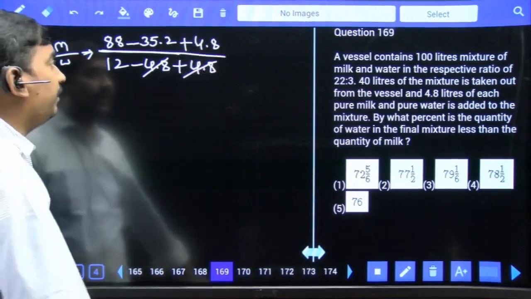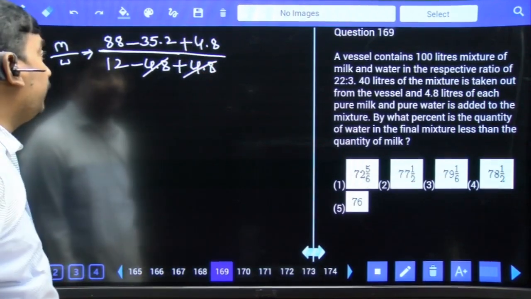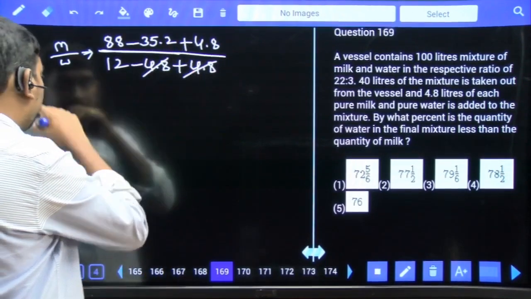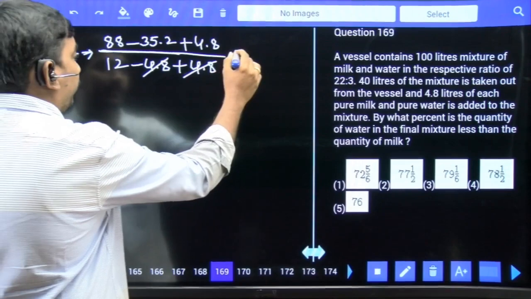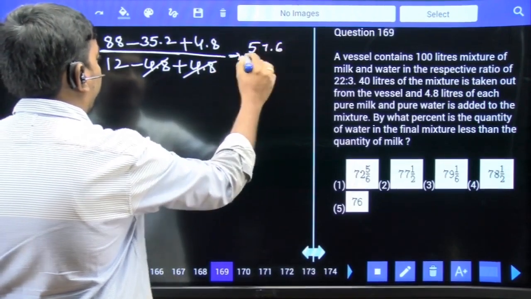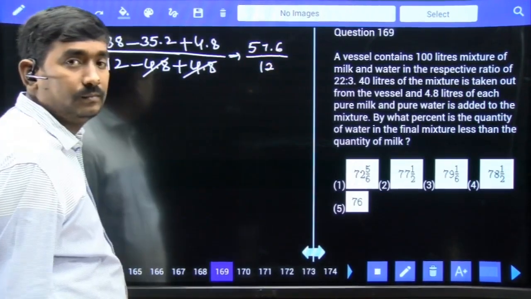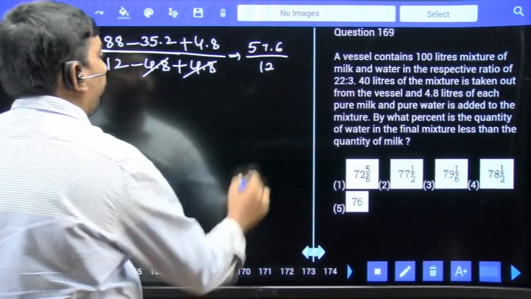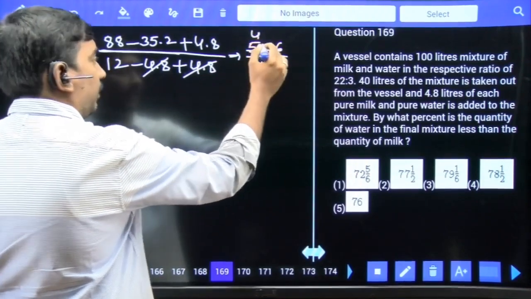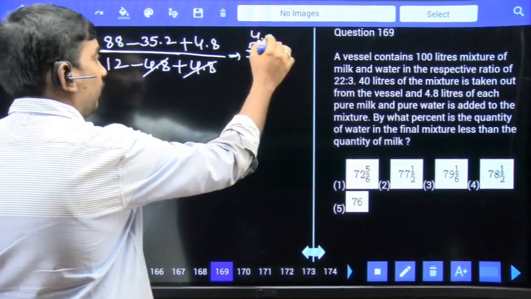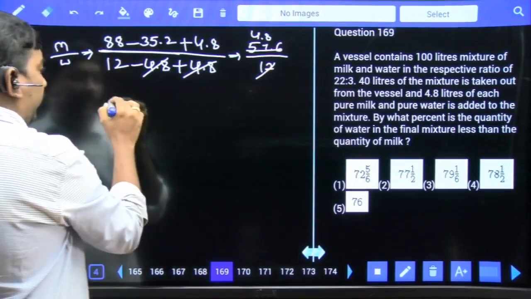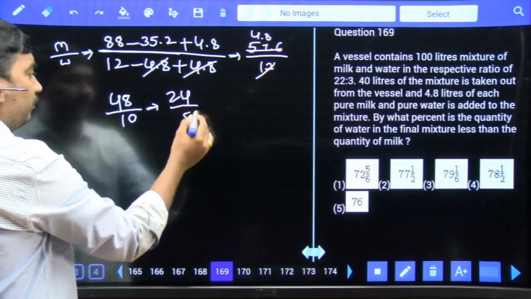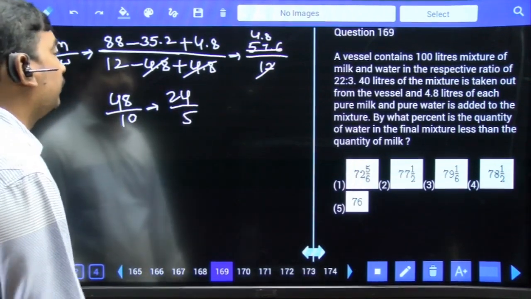Milk is 88 minus 35.2 plus 4.8, giving 57.6, and water is 12 minus 4.8 plus 4.8. 12 times 4 is 48, 96. 12 times 8 is 96. 48 by 10. 24 by 5 is the ratio.